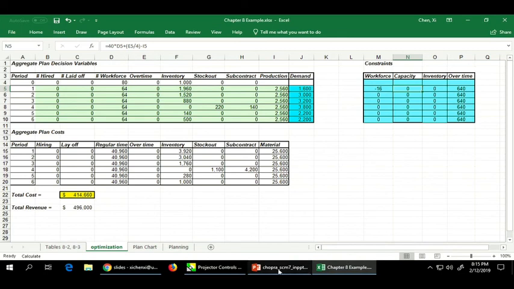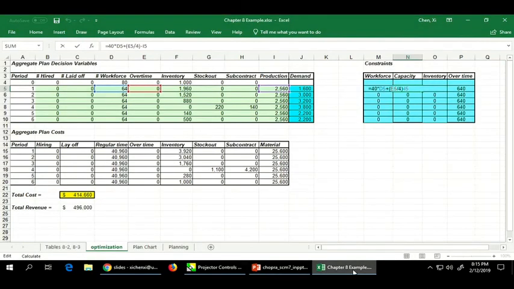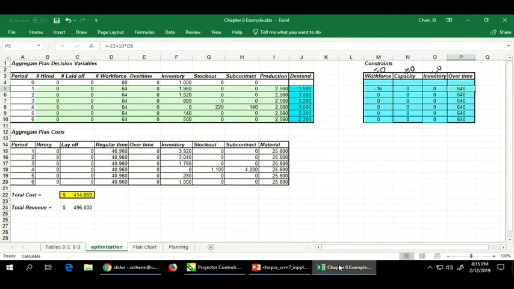Capacity constraints is the difference between capacity and actual production. So equivalently, it's the right-hand side minus the left-hand side. And what we want to do is to ensure that the workforce constraints should equal 0, capacity should be greater than or equal to 0. Inventory should also be 0. Overtime should be less than, so this is again the right-hand side minus the left-hand side, so greater than or equal to 0.